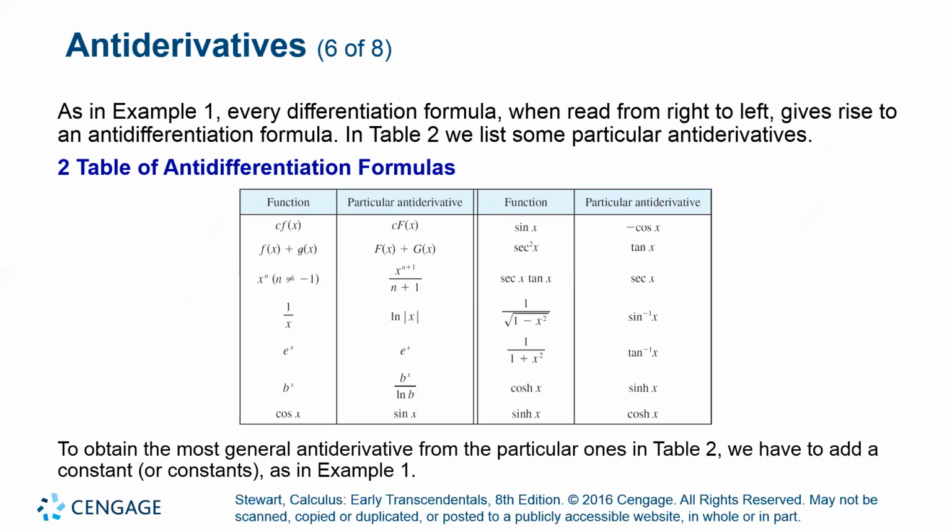If you have a function c times f of x, the antiderivative is c, which is a constant, times the capital F of x. Like the one we did, sine of x, the antiderivative was negative cosine. Secant squared, the antiderivative is tangent, because if I differentiate tangent, I get secant squared.